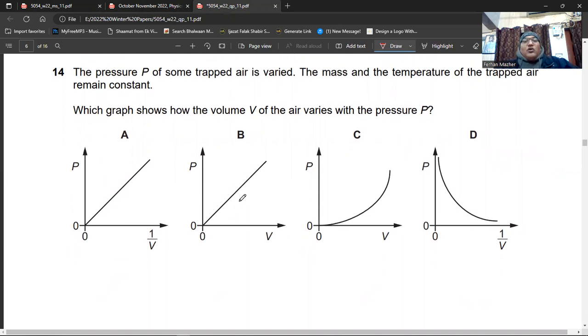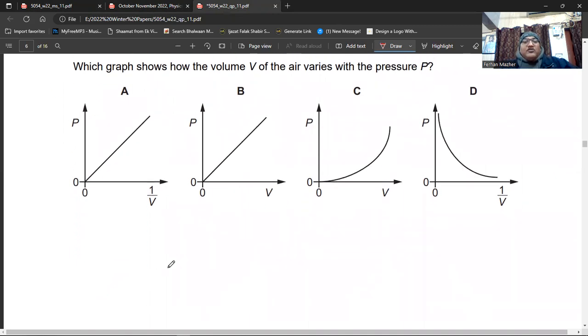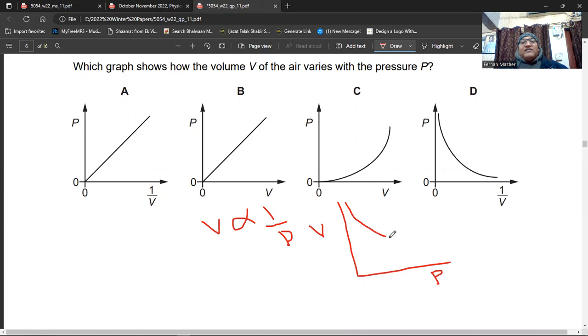Okay, so if the temperature is constant, the volume and the pressure are basically inversely proportional to each other. So if you draw a graph between volume and pressure, the inversely proportional graph is something like this.